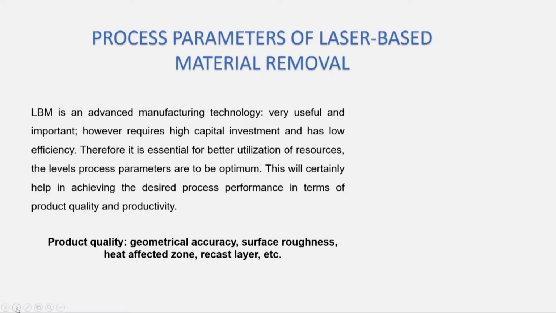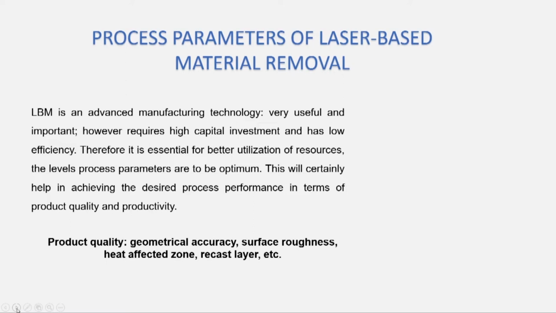Therefore, it is very natural that researchers and engineers across the world are focusing their attention on finding the right or optimal level of process parameters which affect the process performance. As far as process performance of the laser is concerned, there are two basic things, product quality and productivity.